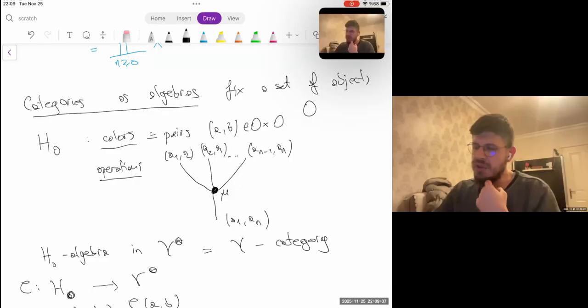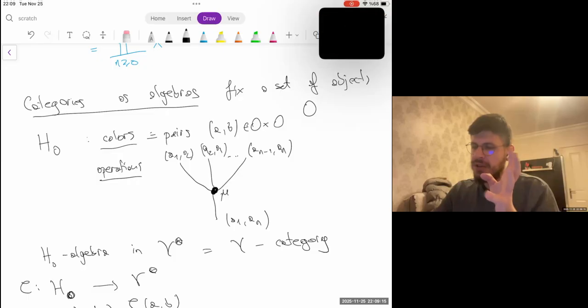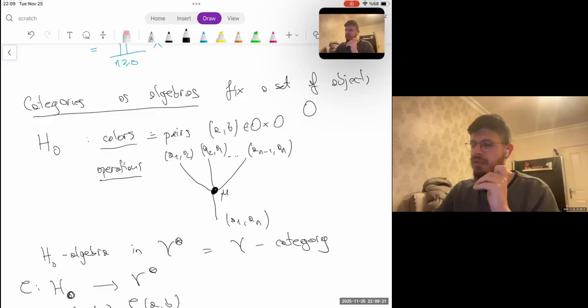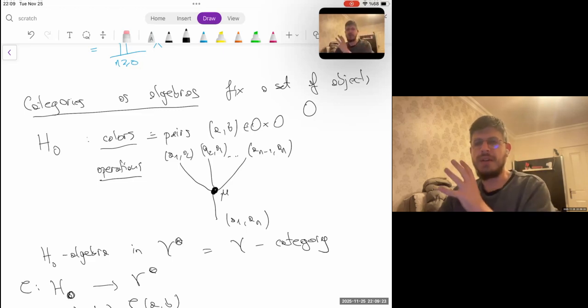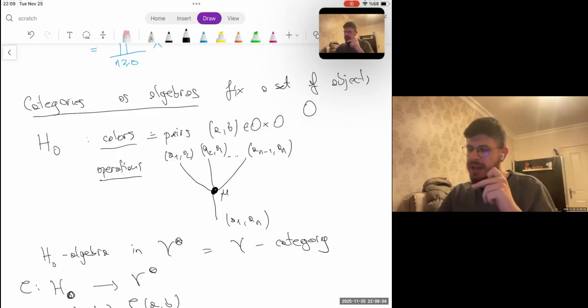So I'm describing what the operad HO is. The operation has input (A1, A2), (A2, A3) until (A_{n-1}, A_n), these pairs, and as output it has (A1, A_n). It's also an associative composition.